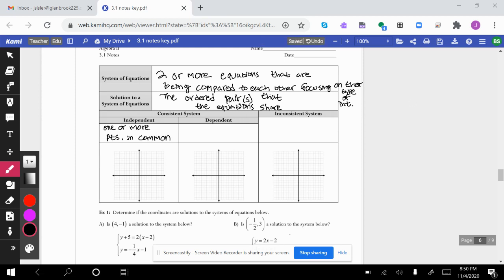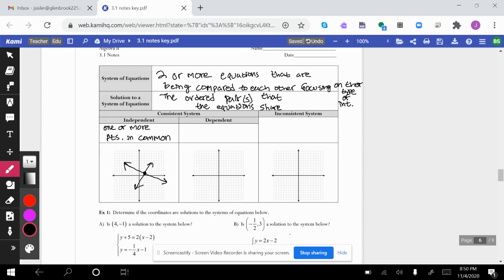In other words, this is where we don't have infinite solutions, right? We have one solution. So that would look on a graph like two lines that intersect at one point.